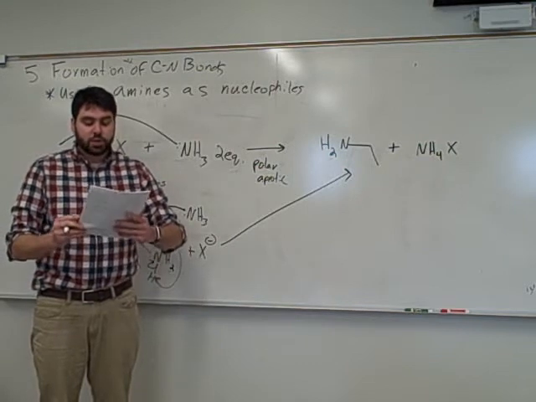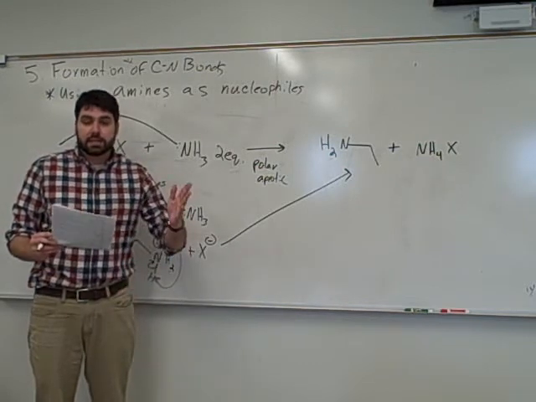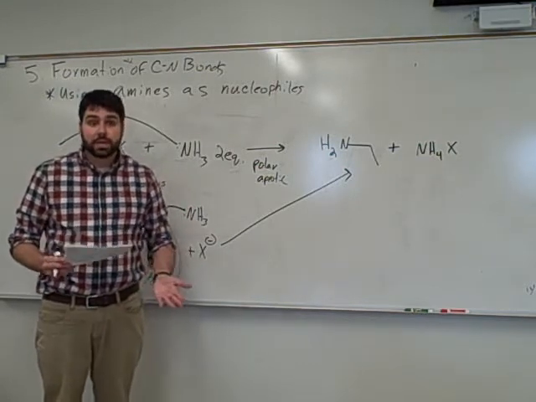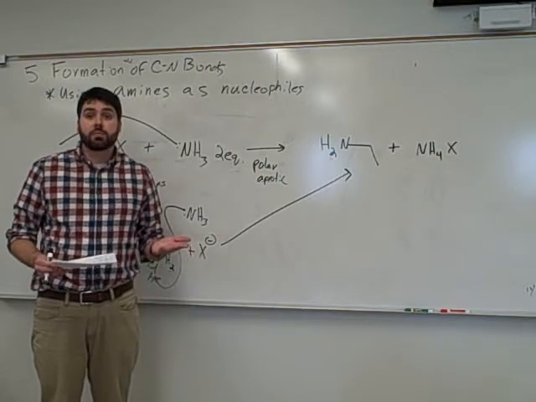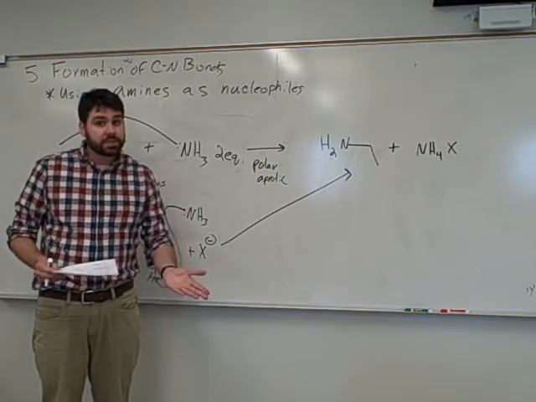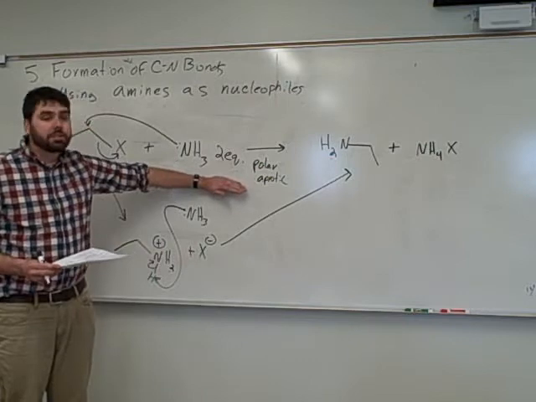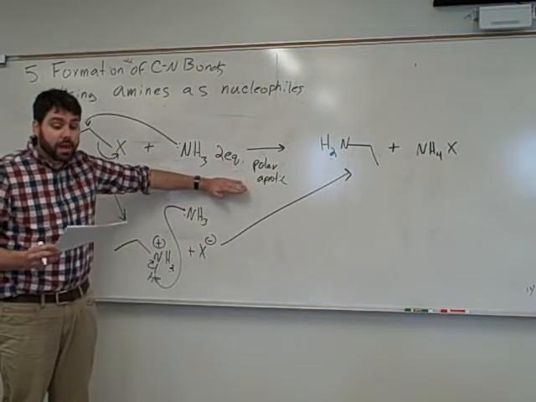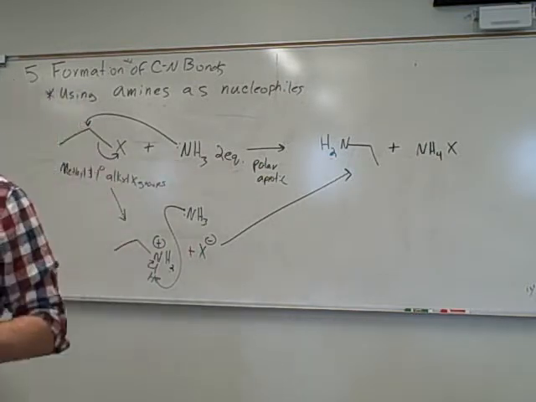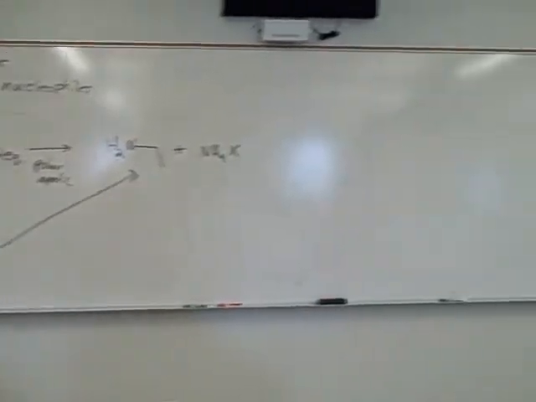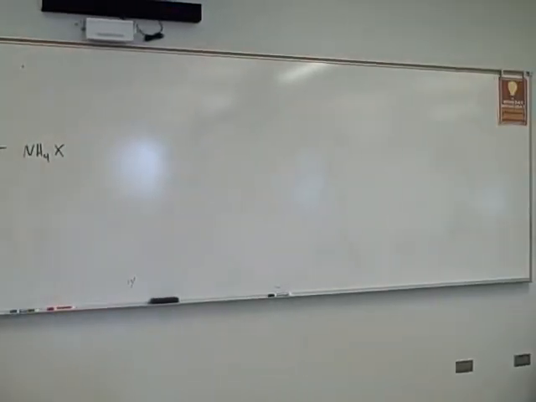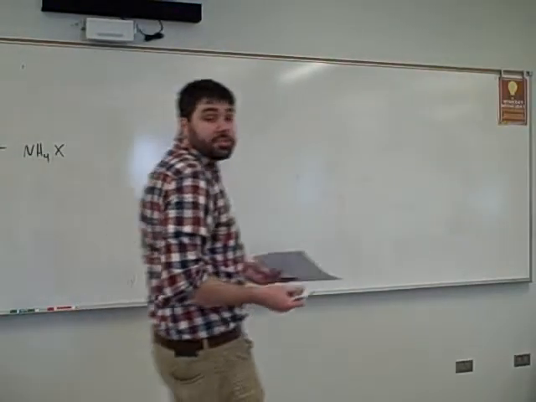Okay, so it turns out though that this type of chemistry is actually a really bad way of making amines. And so the reason for this is that these types of reactions tend to polyfunctionalize, poly meaning many. So let me just turn the camera. This truly is a one-man show.